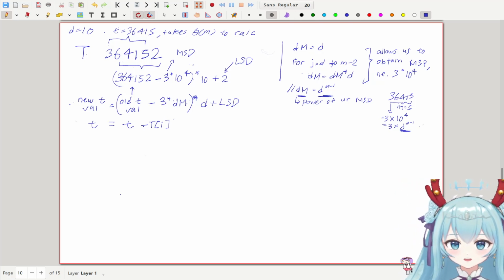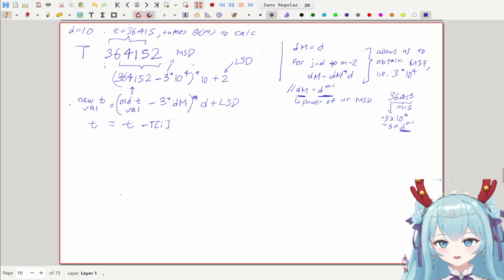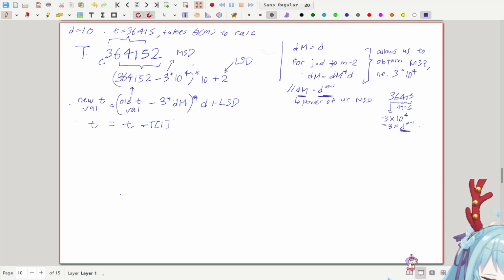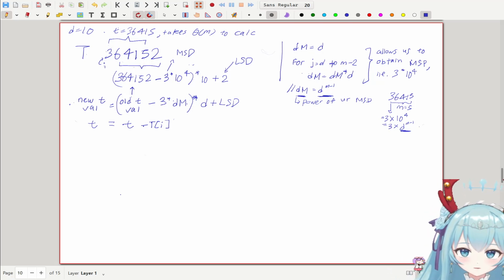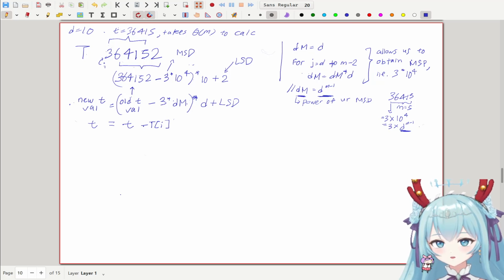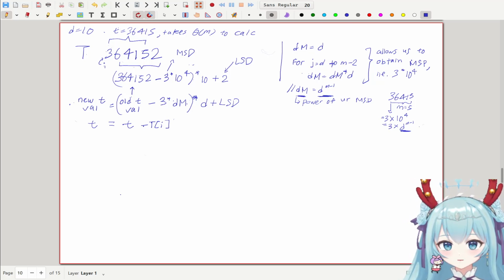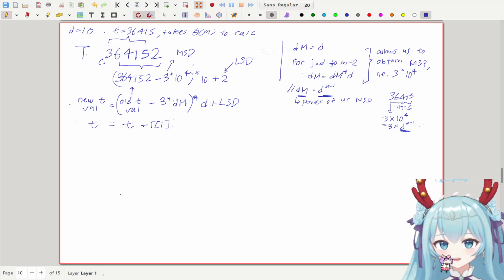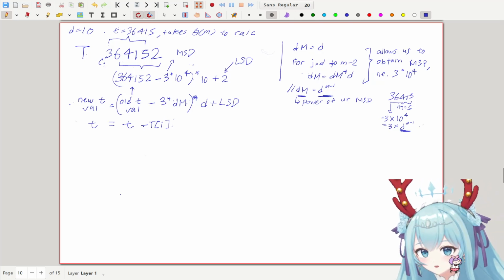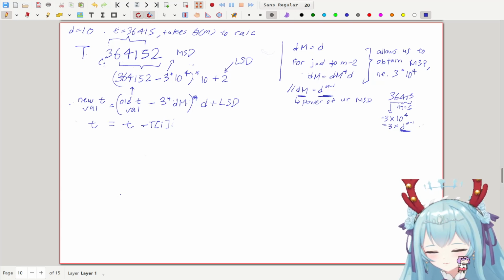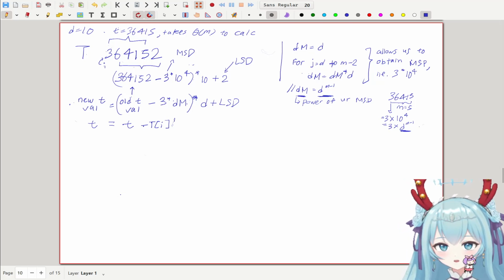And this is where i will be over here. So remember, i is the pointer to the window that we're currently at. In this case, i is still pointing to the old window. Okay, so i is pointing to the first character of the old window, which is what we want.